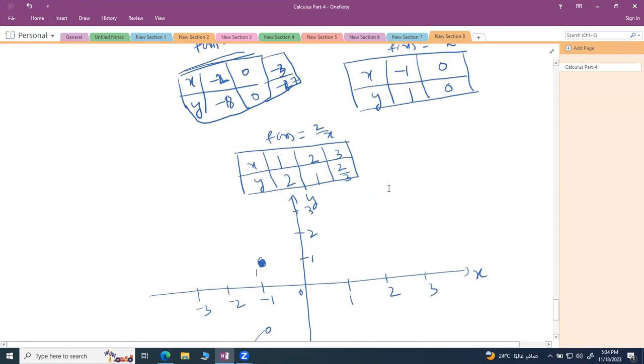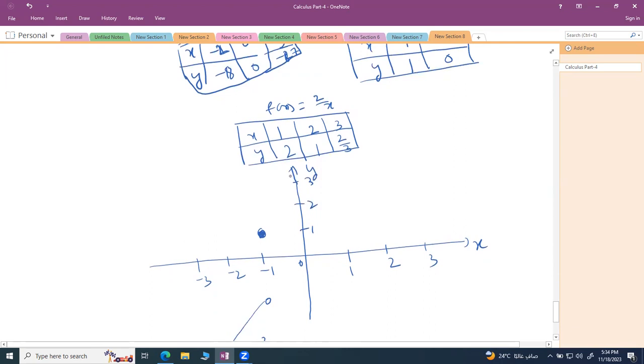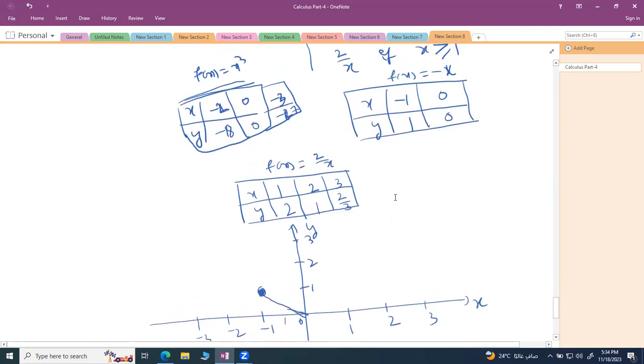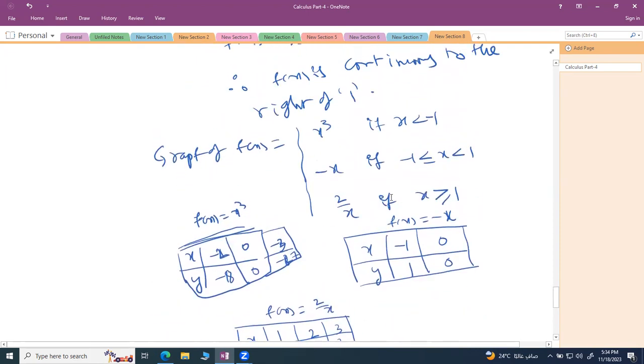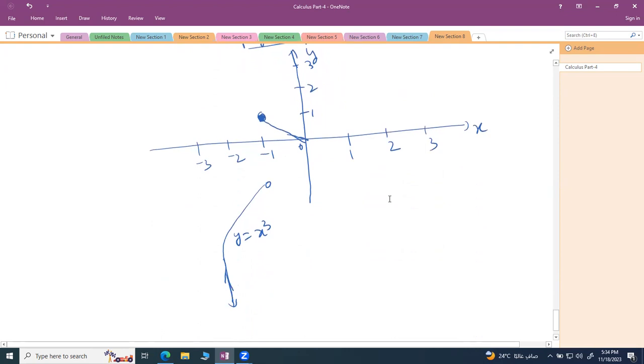And x value 0 means 0. If x value 1 does not exist, this value here does not exist. It is a straight line. This is y equal to minus x.